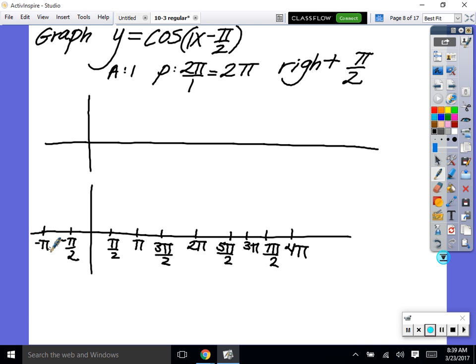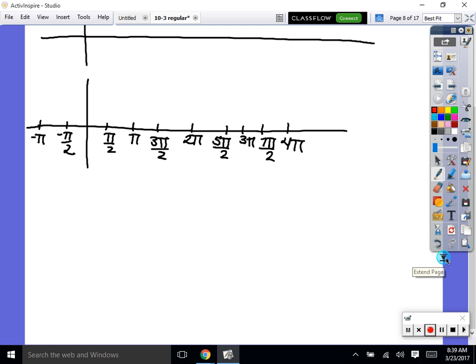Okay, so looking at my original x-axis, now we're taking all those points and shifting them right pi halves units. So what I like to do is literally take and add, and so we also have 0. Don't forget about that. We're going to add pi halves to all of these, because we're shifting them right pi halves. And that will give me my new points.